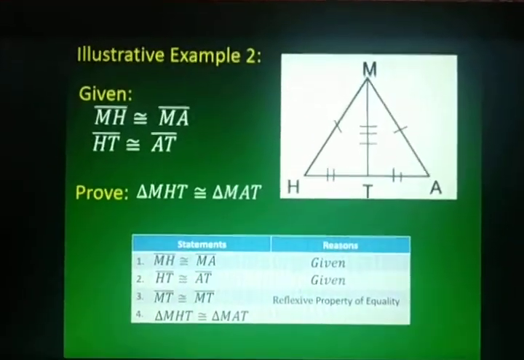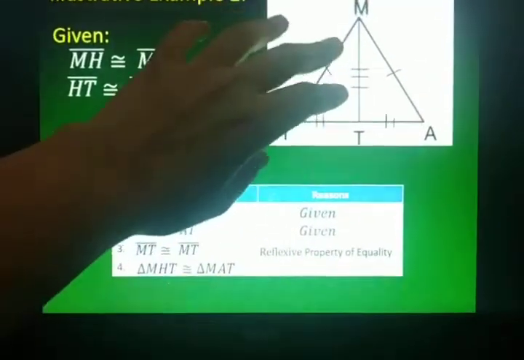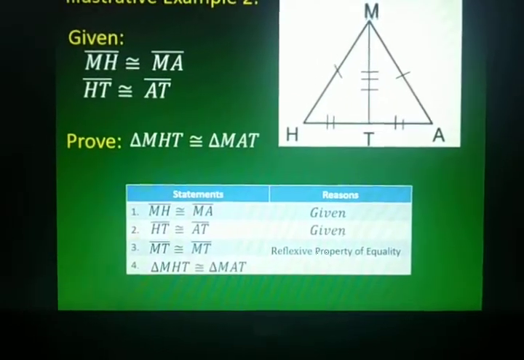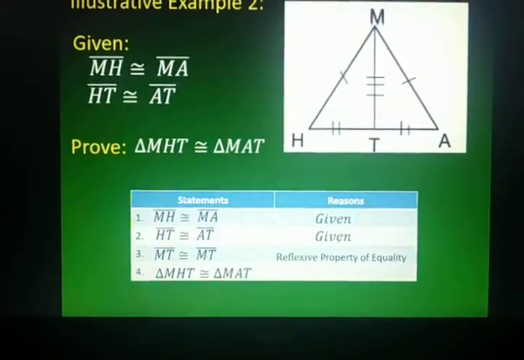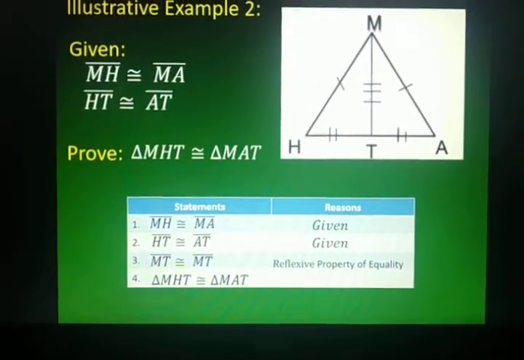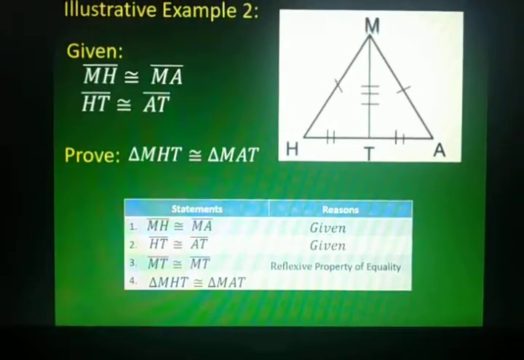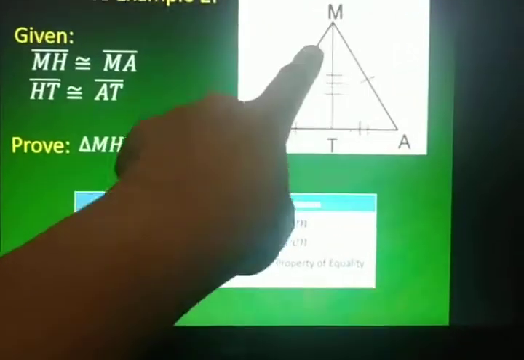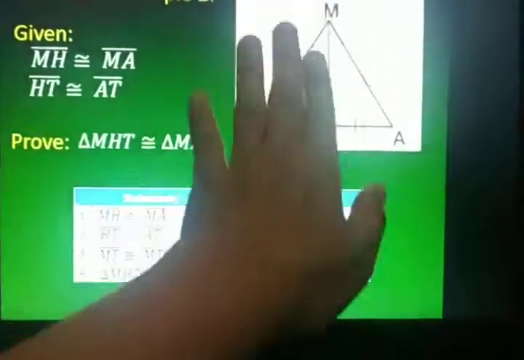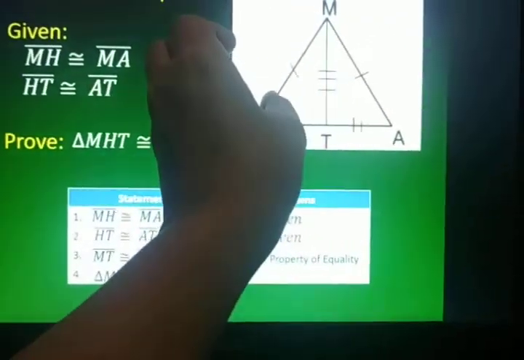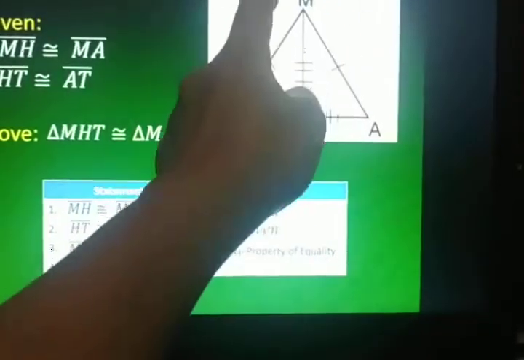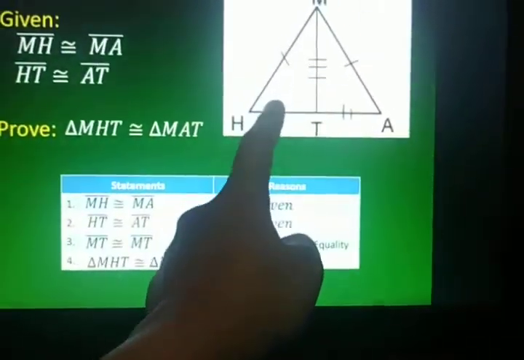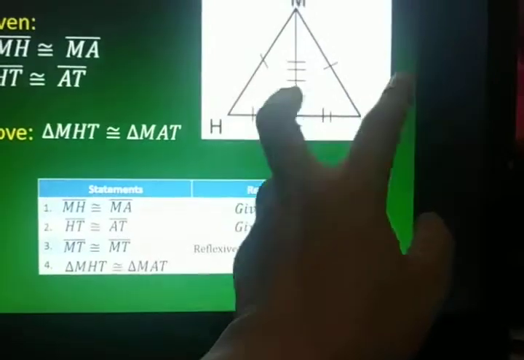Reflexive property, class, because reflexive property states that even if they are included in one triangle, if you separate this one triangle, separate the other one, there is an MT in the first triangle and line segment MT also.